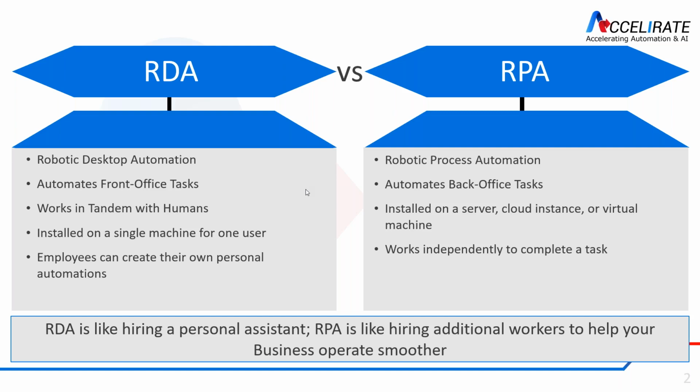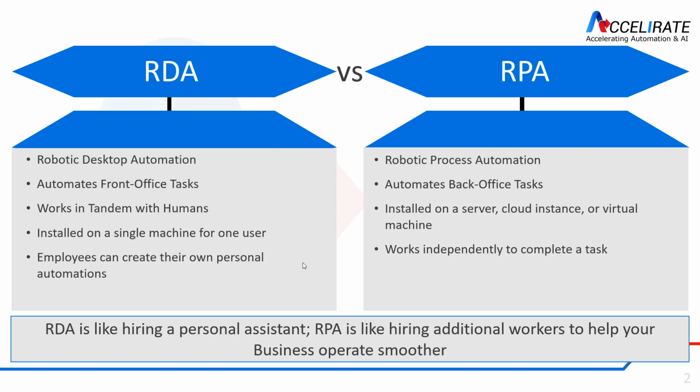And especially with an initiative going on across the industry, where we are really trying to enable what we call citizen developers, a concept we'll be going over later in this presentation, you're going to see that really applies mostly to the RDA realm, because that empowers employees to create their own personal automations that, though they may be simplistic, do save time.